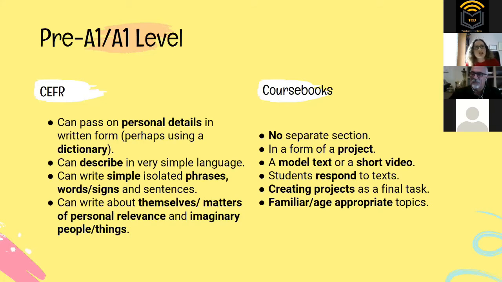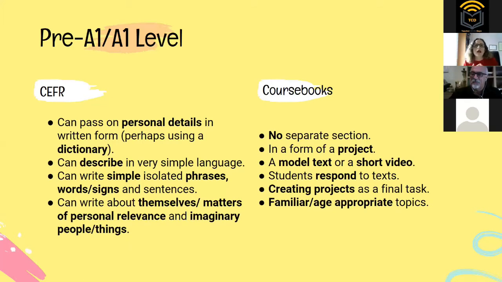According to the CEFR, students at that level can pass on personal details and can describe in very simple language by using simple isolated phrases. They can, of course, write about themselves, their family, their houses perhaps, and imaginary people or things like my toy, my favorite robot, etc. On the other hand, course books, of course, follow the CEFR.